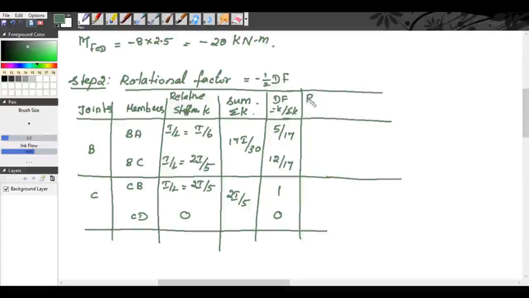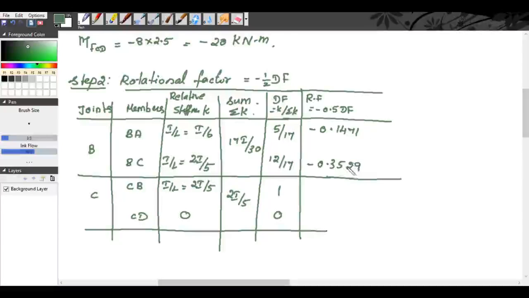Now, the rotational factor will be equal to minus 0.5 times the distribution factor. So 5 by 17 multiplied by minus 0.5, we get minus 0.1471. 12 by 17 multiplied by minus 0.5, we get minus 0.3529.